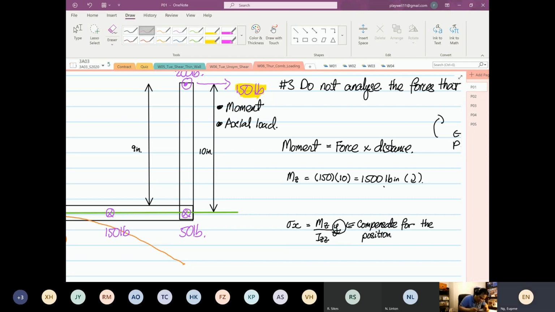And then moment about Z, Mz, I hope you all will take this really, really seriously, is equal to force multiplied by the perpendicular distance to the neutral axis.